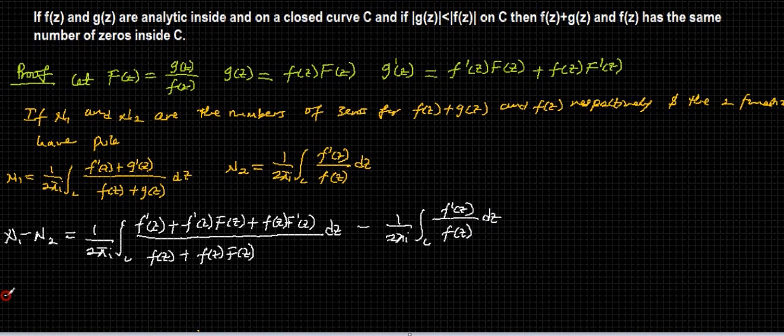So from here, n1 minus n2 is equal to 1 over 2 pi i integral of the contour.